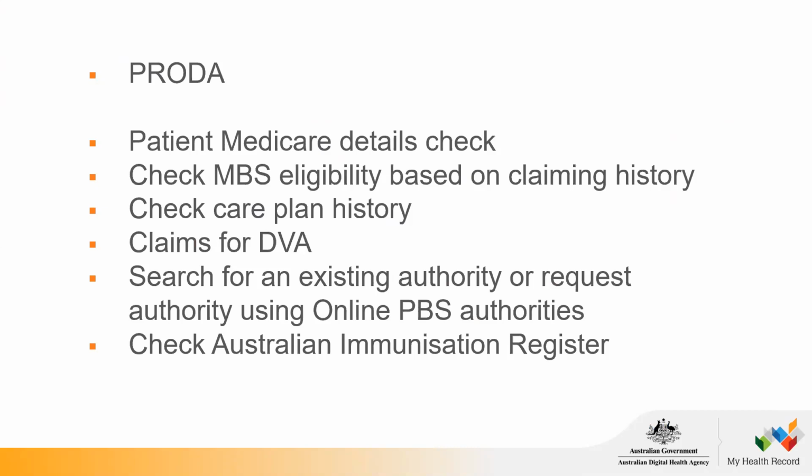You can run through claims for DVA or for NDIS. You can look for current authorities or request an authority on the online PBS authority part of this. You can check the Australian Immunisation Register. You can do more things. There's some of the practice incentive payments. So there's a lot that can be run through HPOS, and this is now recommended you do this via PRODA.